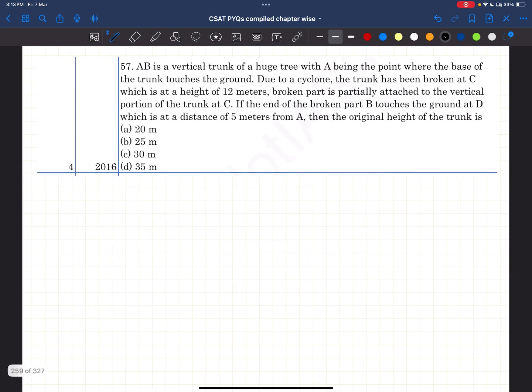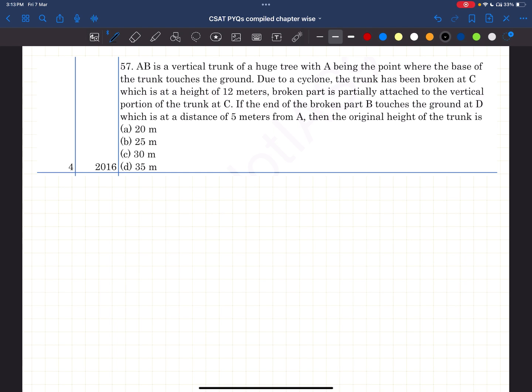AP is a vertical trunk of a huge tree, with A being the point where the base of the trunk touches the ground. Due to a cyclone, the trunk has broken at C, which is at a height of 12 meters. The broken part is partially attached to the vertical portion of the trunk at C. If the end of the broken part B touches the ground at D, which is at a distance of 5 meters from A, then the original height of the trunk is?